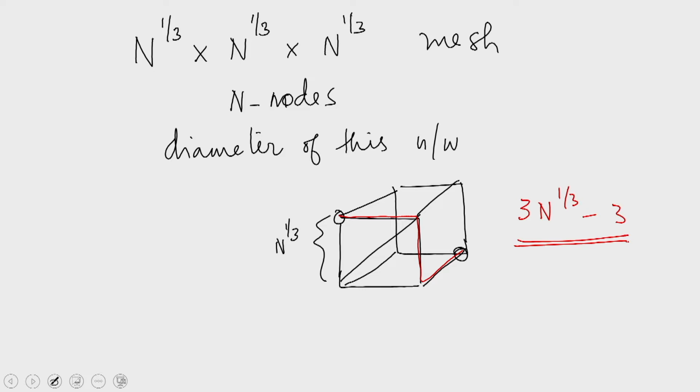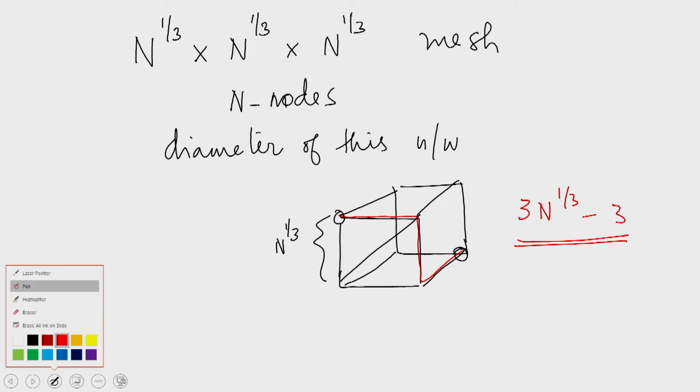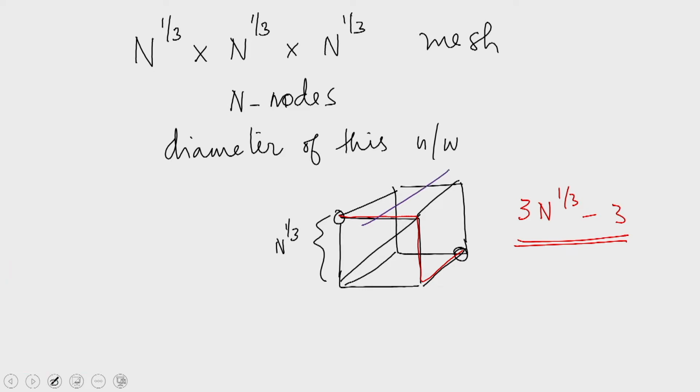Now, what would be the bisection width? I will leave a rigorous proof to you, but to find the bisection width, what you can do is to cut the mesh along this direction using a plane of this sort with n^(1/3)/2 elements on this side and n^(1/3)/2 elements on this side for each x line.